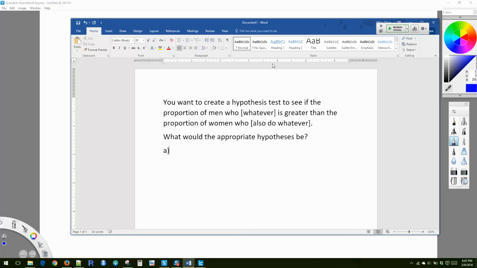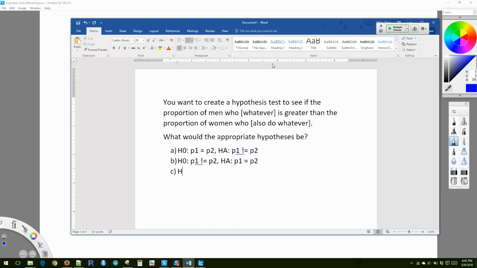Option A: the null is P1 equal to P2, and the alternative is P1 not equal to P2. Option B: the null is that P1 is not equal to P2, and the alternative is that P1 is equal to P2.